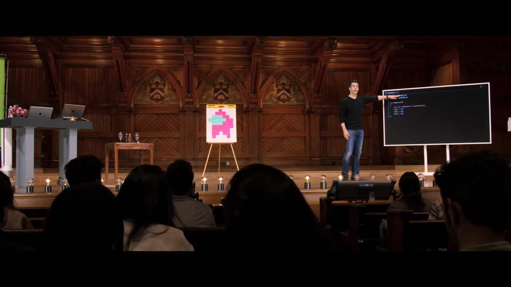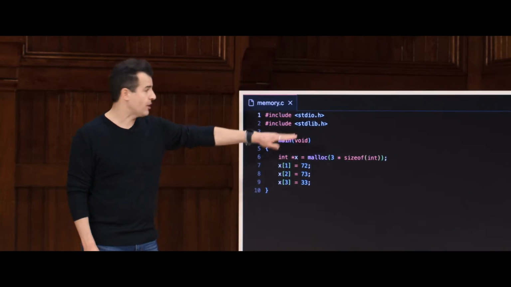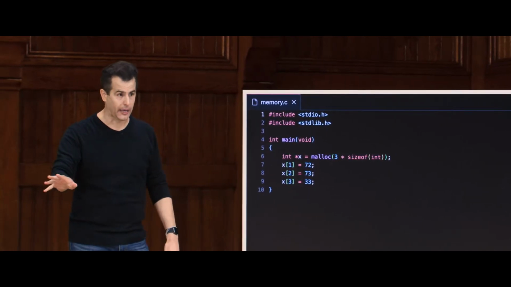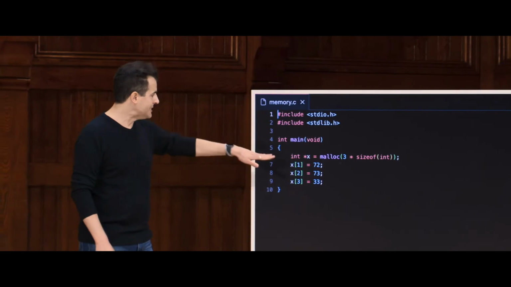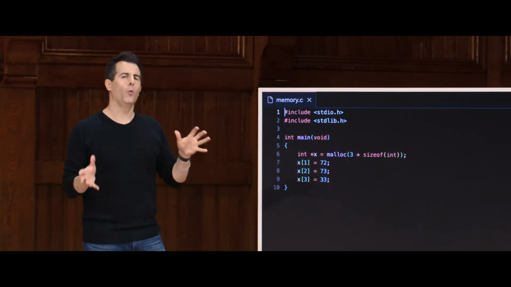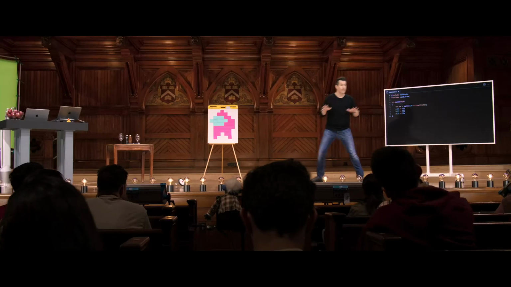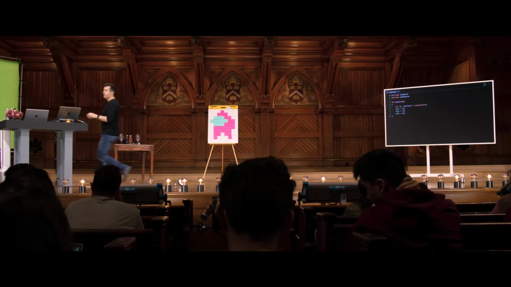Notice that I've included stdio.h, as always. I've also included stdlib.h, which is necessary now for anything related to malloc and or free and the like. Line 6. It's a little weird what I've done here, but this is like the manual way of asking for enough memory for an array. In week 2, how do we ask for memory for an array?